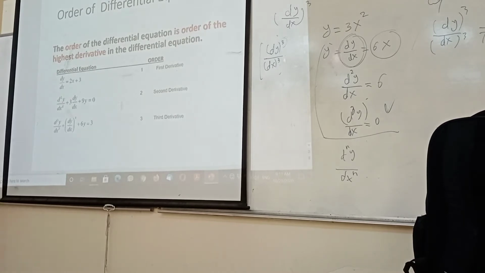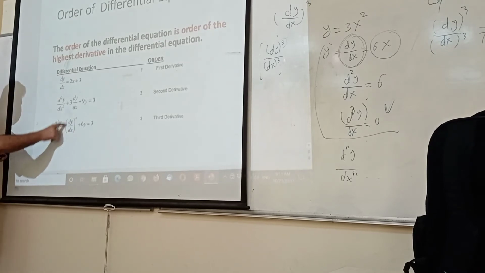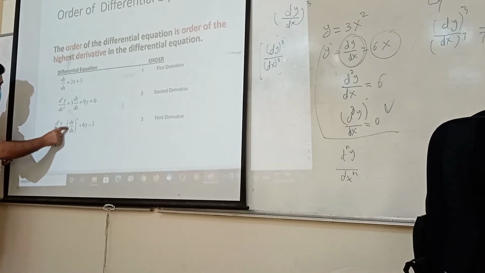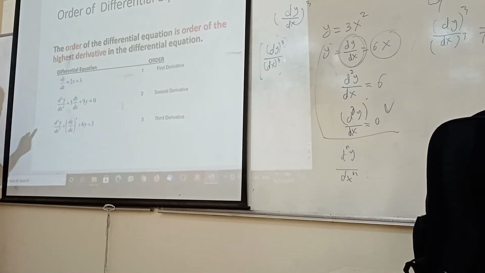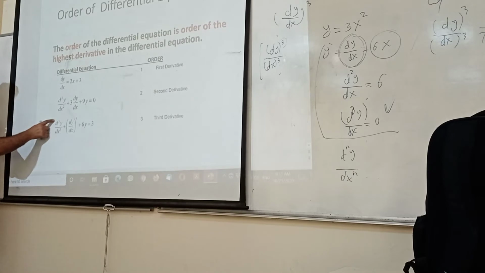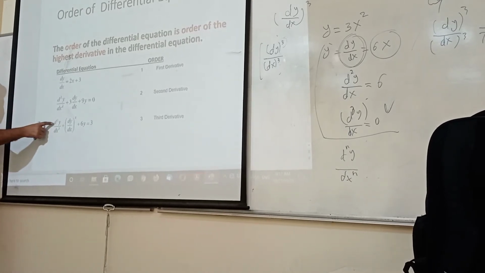In this case, again, the same as we explained, this is to the power 4 for all. So it's the first order derivative to the power 4. It's not the fourth derivative. Do not mix. This one is the highest in this equation, so we will consider this as a third order differential equation.